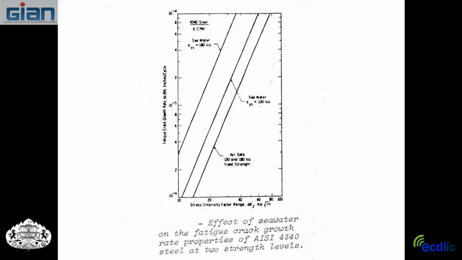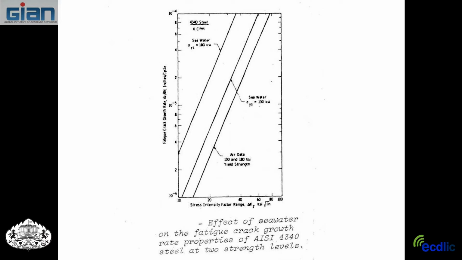And if you go back, look at this. Seawater and 4340 steel: low strength, not so susceptible; high strength is susceptible, and it happened that way in corrosion fatigue. So here are 2 strength levels, 130 and 180.